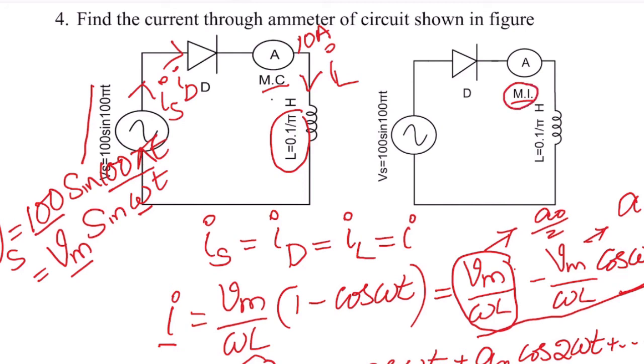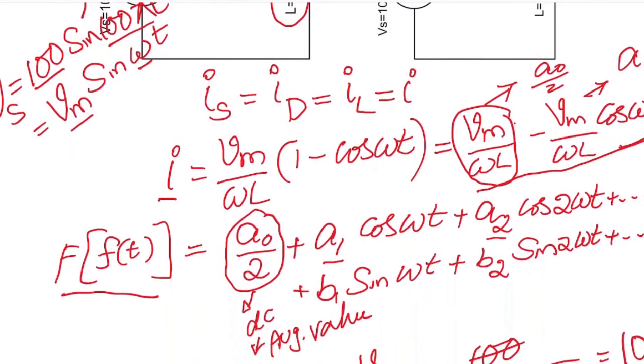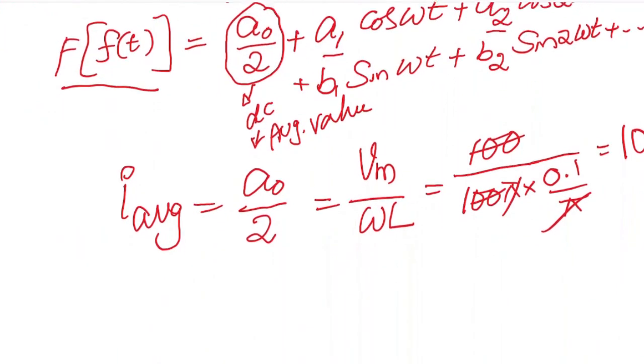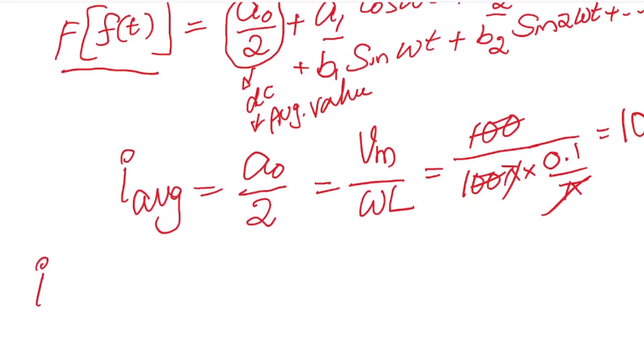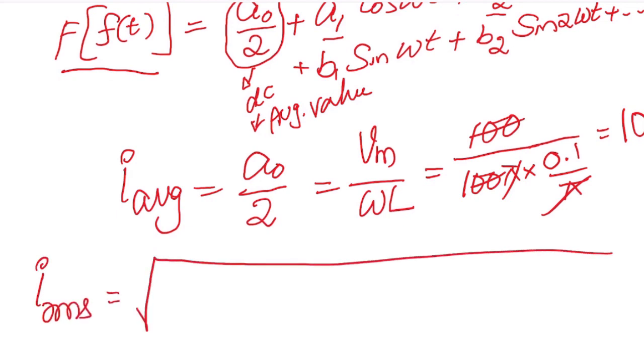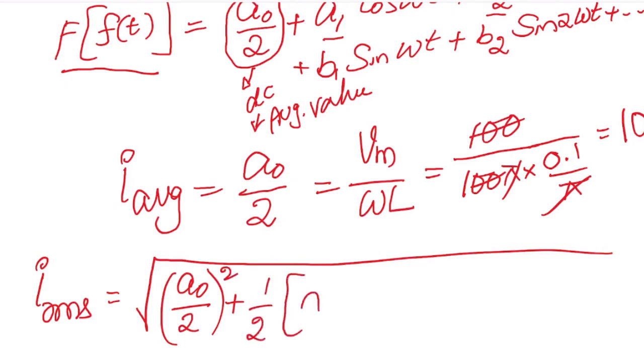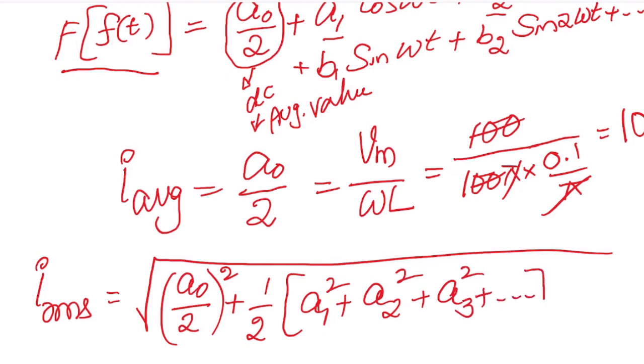Whereas in the other circuit they have connected an MI meter, so I need to find the RMS value. For calculating the RMS value, you know that RMS value is equal to the square root of (A naught by 2) square plus half of (A1 square plus A2 square plus A3 square and so on) plus half of (B1 square plus B2 square and so on).